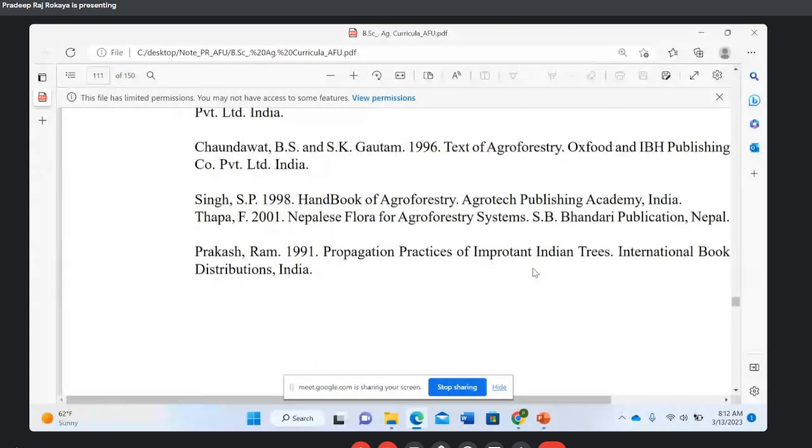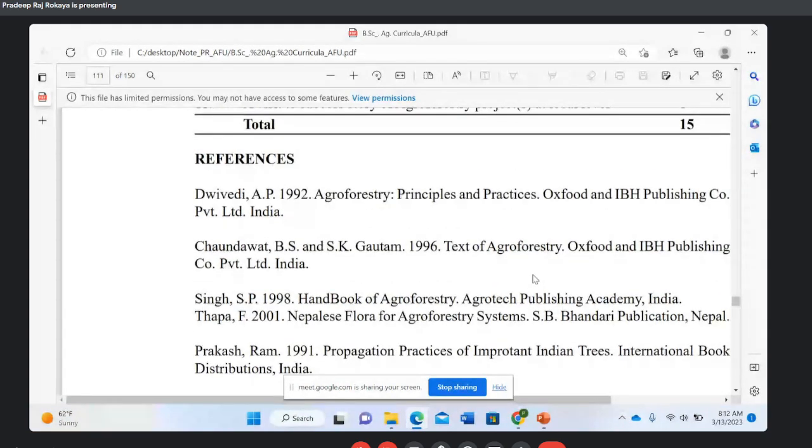Singh, S.P., 1998, Handbook of Agroforestry, Agrotech Publishing Academy, India. Thapa, 2001, Nepalese Flora of Agroforestry System, Bhandari Publication, Nepal. Prakash Ram, 1991, Propagation Practices of Important Trees, International Book Distributors, India. These are some reference books.